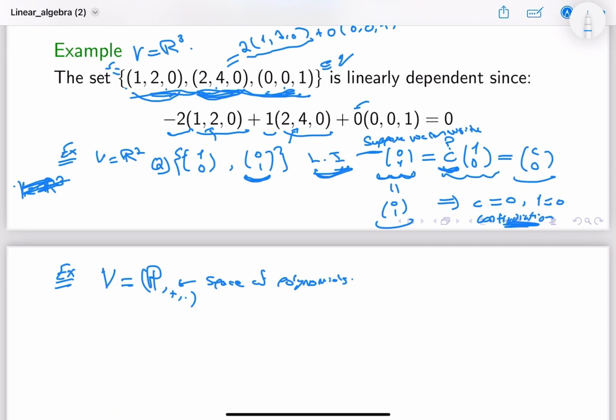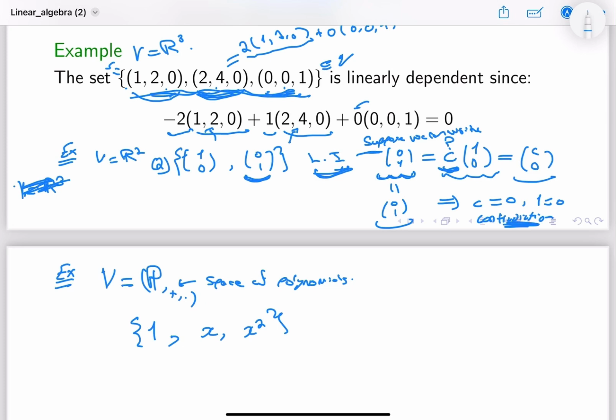So if you take this vector space, let's consider the vectors 1, x, and x squared, right? And why am I calling these vectors? Because remember, elements of the vector space are called vectors.